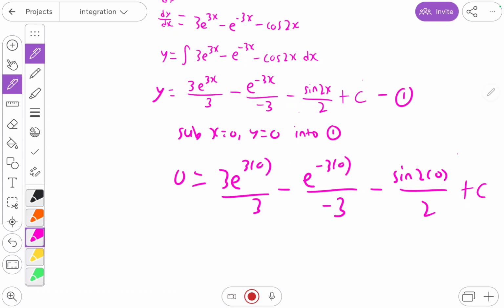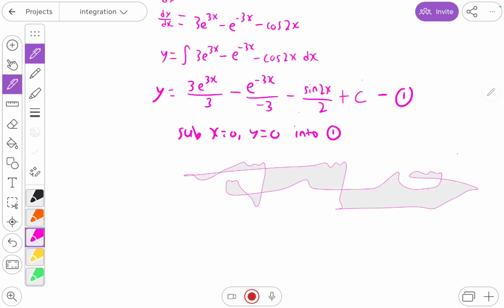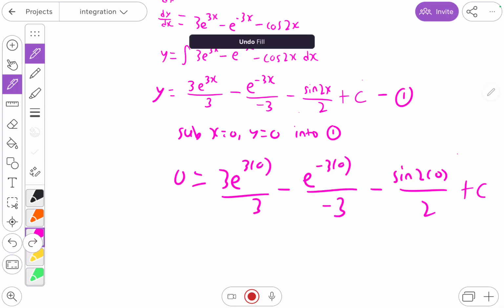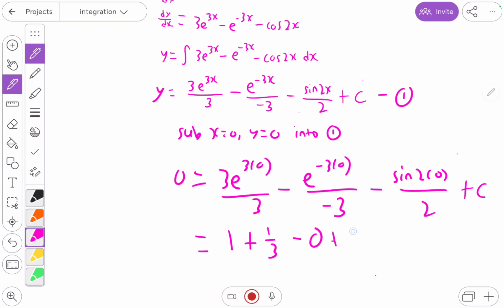So I'm going to press in the calculator. So this is equal to 1, minus e to the power 0, so this is a plus 1/3, sine 0, just 0, minus 0 plus c.